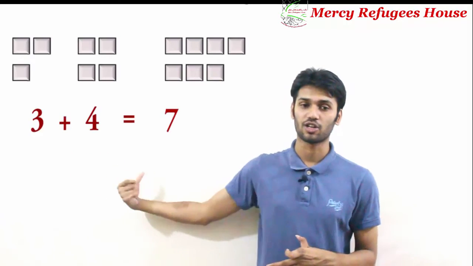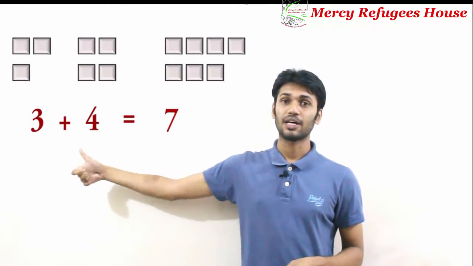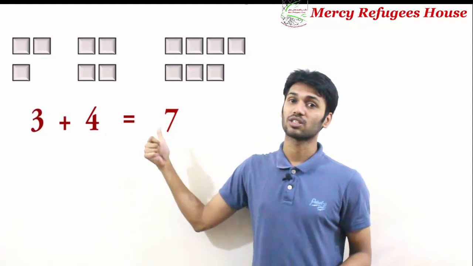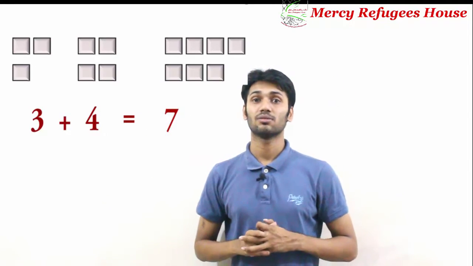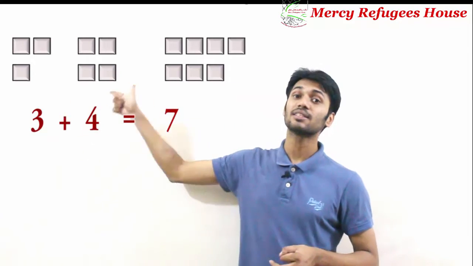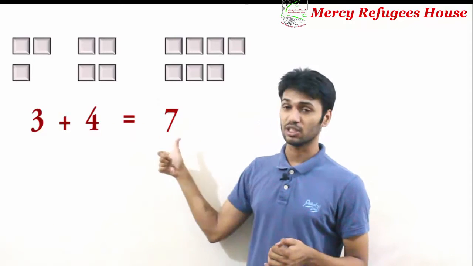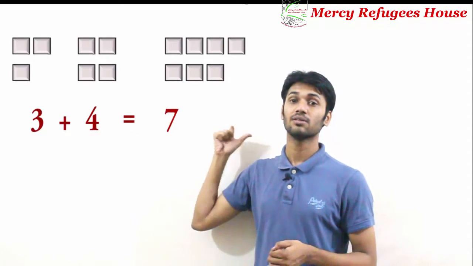Look at these blocks. Here you can see 3 blocks and here you can see 4 blocks. If you add these blocks together, that means 3 blocks plus 4 blocks. How many blocks would it be? It would be 1, 2, 3, 4, 5, 6, 7 blocks.